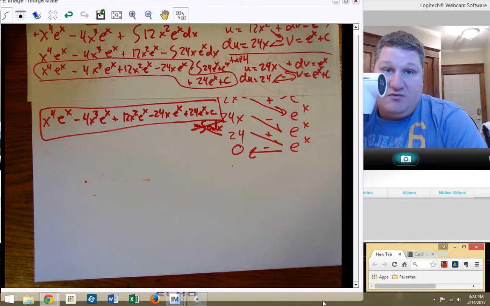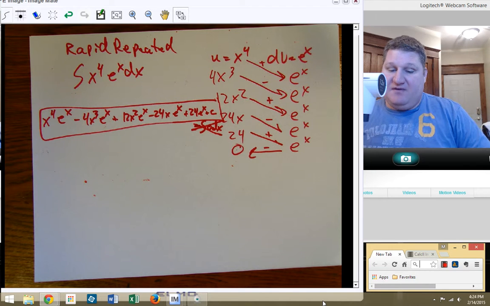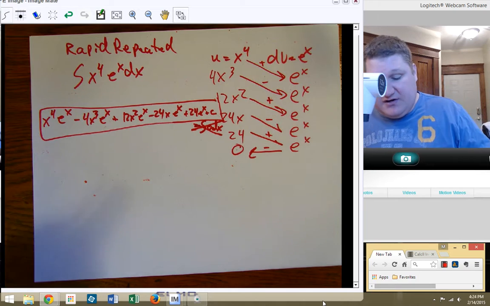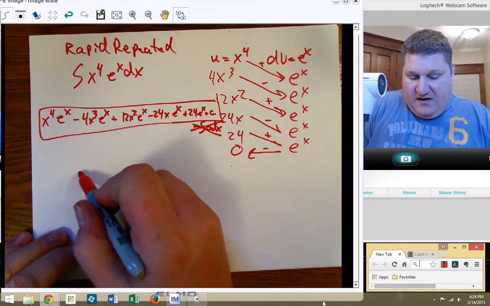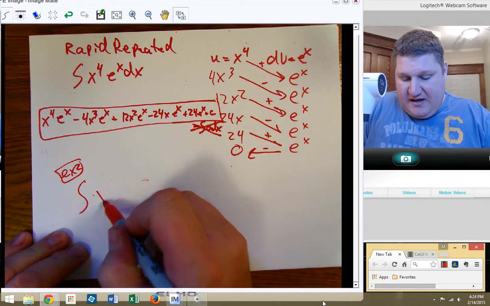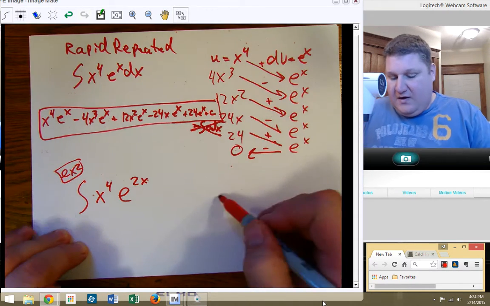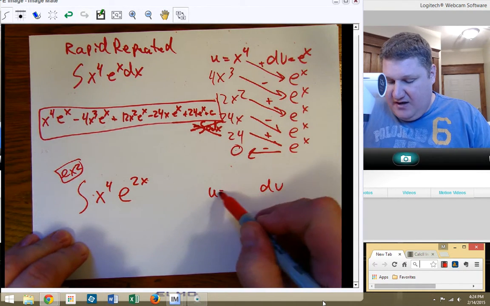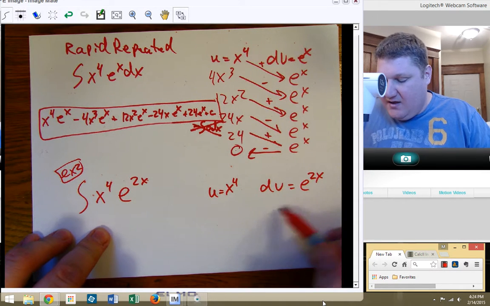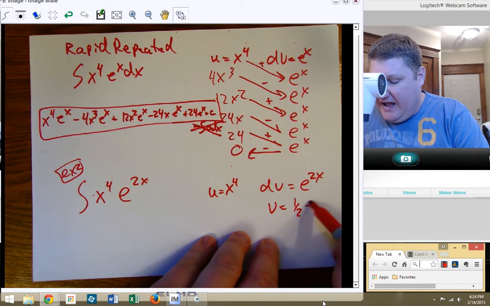By using repeated integration by parts in a table format, we can speed up this process tremendously and get to our answer significantly sooner. The one thing you do need to be careful of is if I have a problem like the following, x to the 4th e to the 2x, when you say u and dv, u might be x to the 4th. dv, however, could be e to the 2x. v is going to equal, when I integrate this, 1/2 e to the 2x.